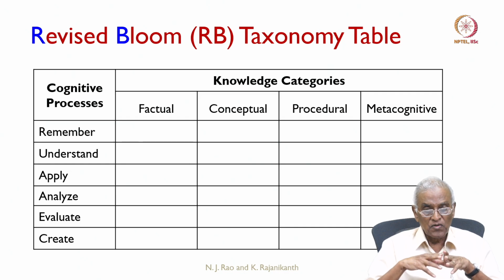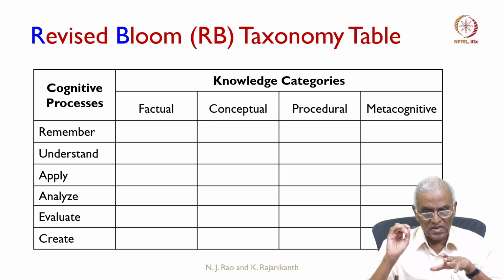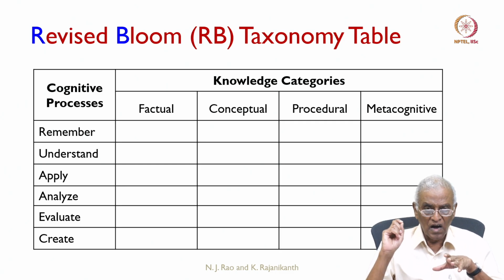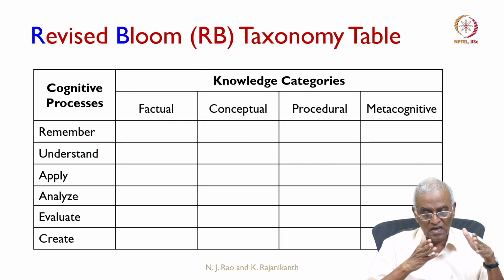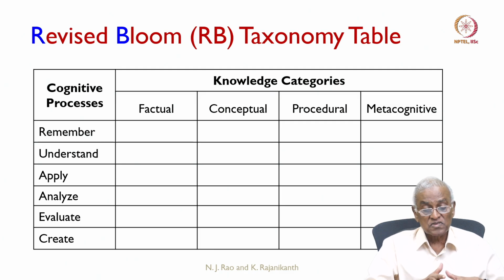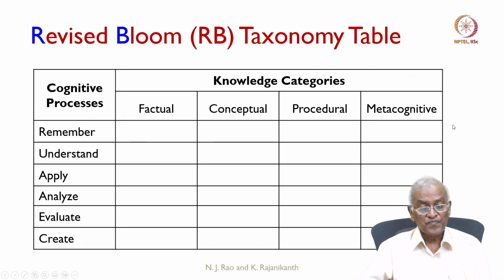We felt that when you write anything, whether it is related to assessment, instruction, or writing an outcome, we start with the cognitive activity first. What is it that you want to do? That's why we put cognitive processes as rows and knowledge categories as columns. So you have a 6 by 4 table. What is it that we are going to do with this? We'll presently explain.